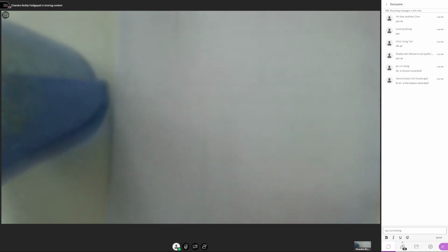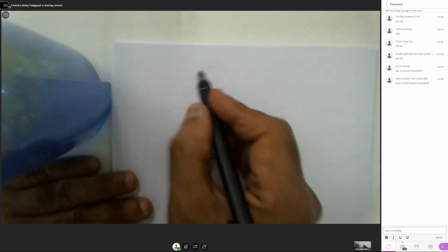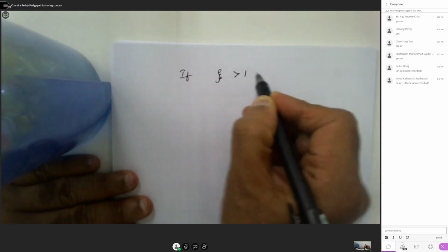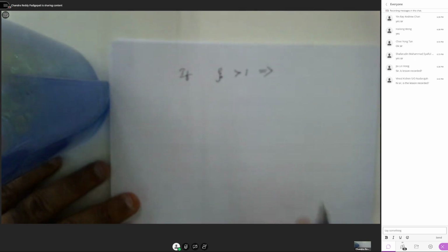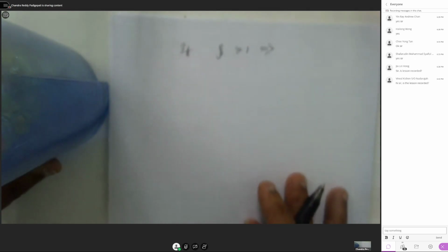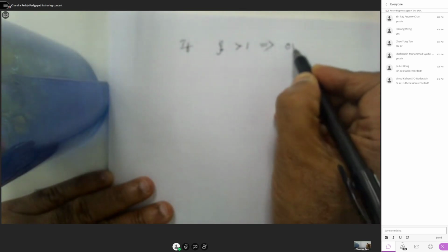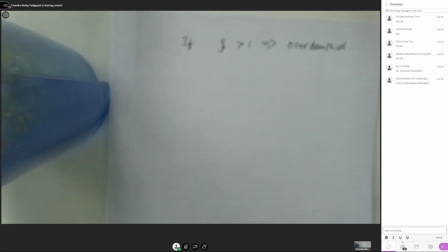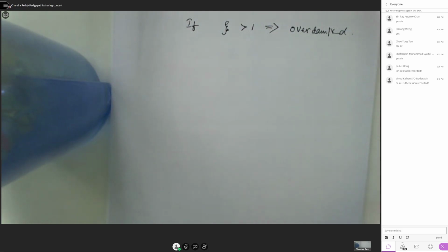Okay, so in the last session we have seen that depending on the damping ratio, if the damping ratio is greater than 1, it implies the system is overdamped.